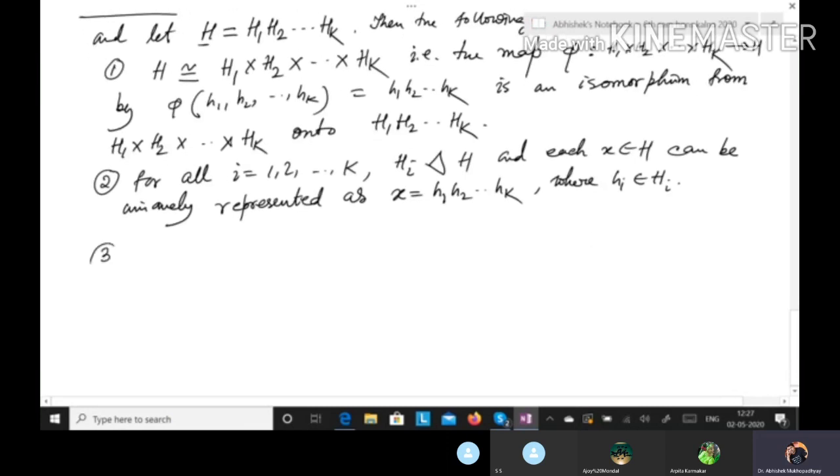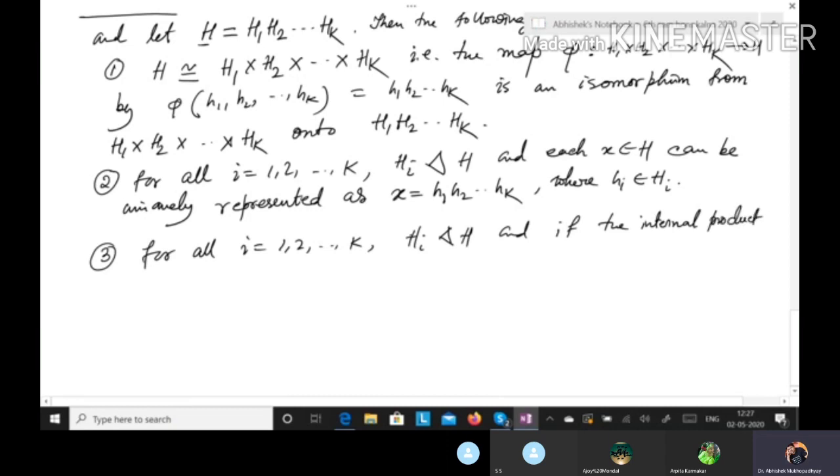Third one is that for all i equals 1 to k, these Hi are normal in H, and if the internal product h1, h2, hk is the identity, then the only possibility is that h1, h2, hk, all of them are equal to e.